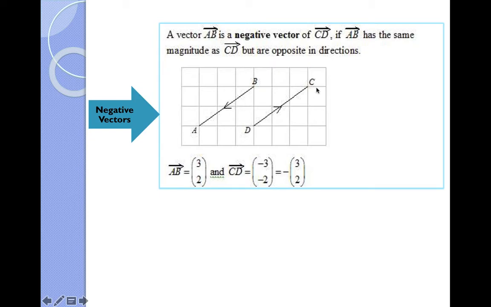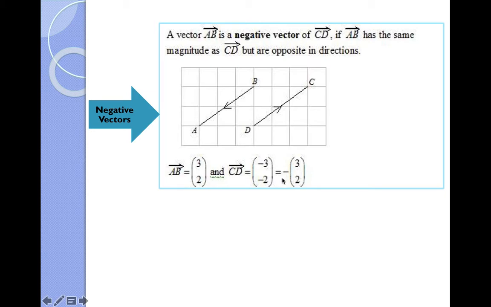And vector CD I have given to you as negative 3 and negative 2, and the negative of vector CD will be 3 and 2. So the negative components have become positive components.